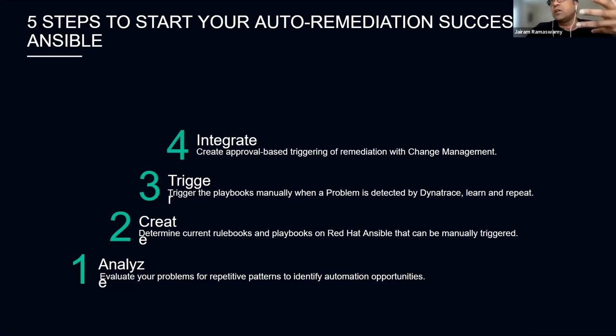And you can actually create approval-based triggering of remediation with change management, whether you use ServiceNow or Jira, whatever tool you use for your change management. Now you can also kickstart an approval process. Let's say you don't have the confidence initially. Hey, I'm not sure if I'm going to give access to the server. There's a lot of that pushback. Hey, I don't know if we should give automatic access for an auto remediation.